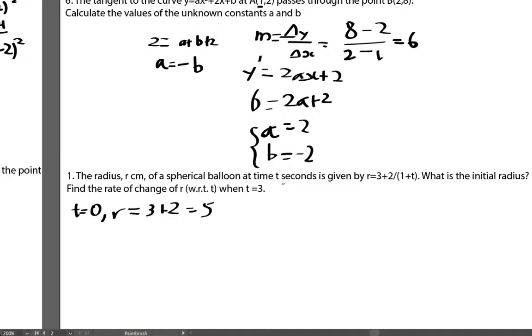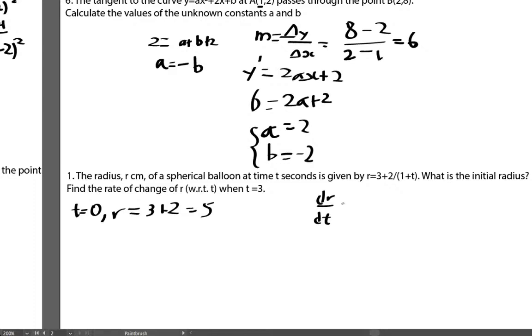Simple. But then you want to find the rate of change of r when t is 3. This rate changes every single time, instead of being a constant change. You can see this when you take the derivative dr over dt, the change of radius over the change of time.